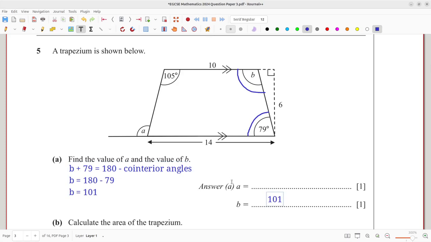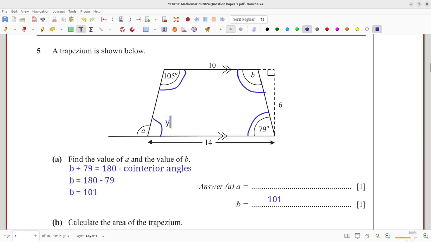Next, find A. To find A, you can still use the property of co-interior angles, or use the sum of angles in a quadrilateral. Let's use co-interior angles. This angle plus another angle here should give us 180 degrees.